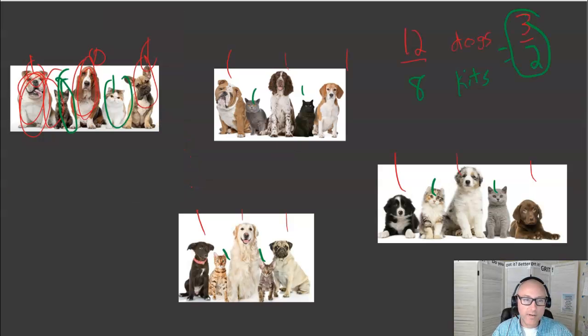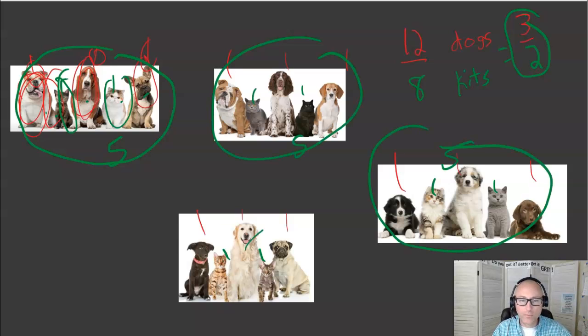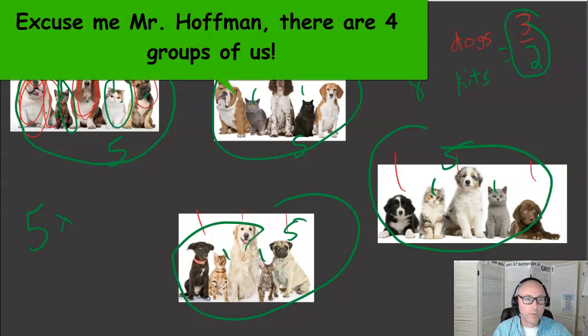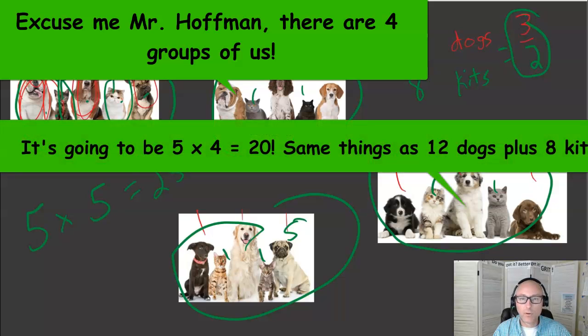All right, but the total here is, well, let me see, how many are in each group? Total, we have 1, 2, 3, 4, 5 in each group. 5, 5, 5, 5. So we have 5 groups. And how many are in each group? 5. Oh, really? So that's going to be 25. 25 total.